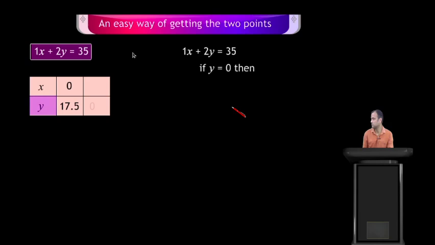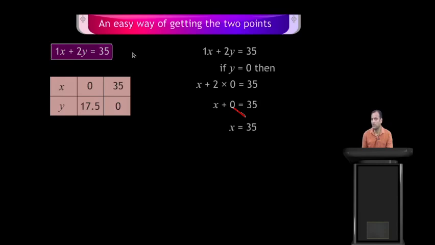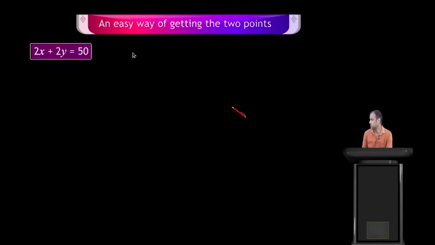Now we will put y equals 0, then we have x equals 35. So now we have 2 points, 0, 17.5 and 35, 0. Now we can connect both these points.